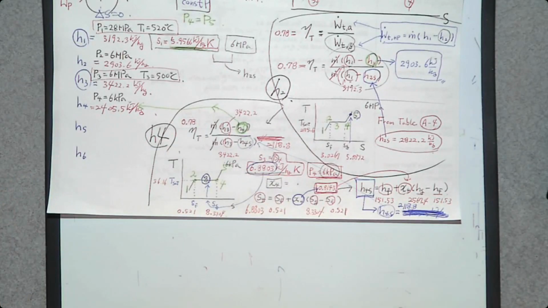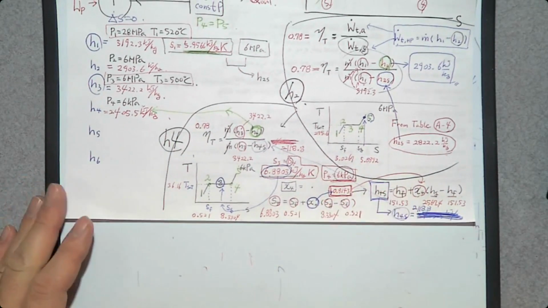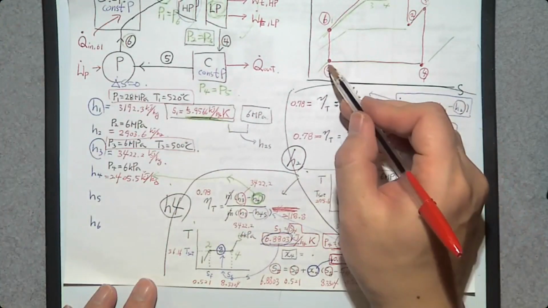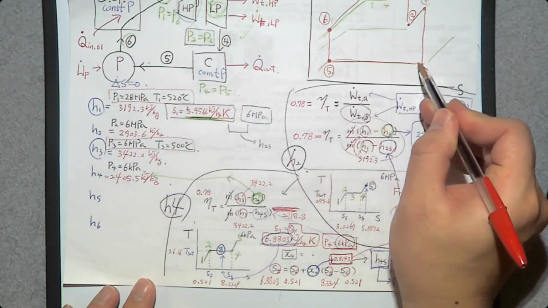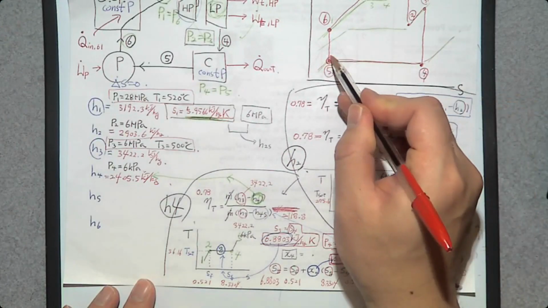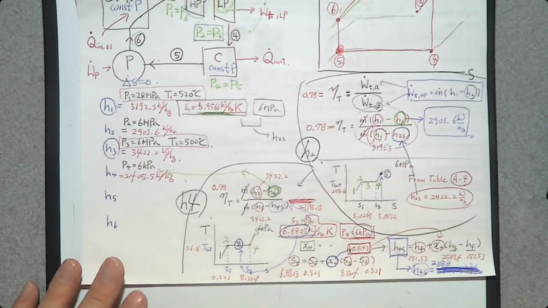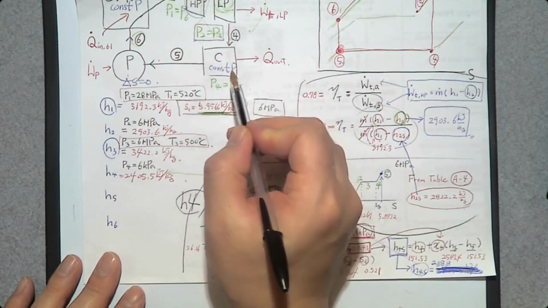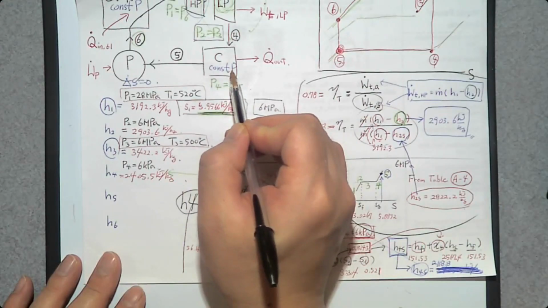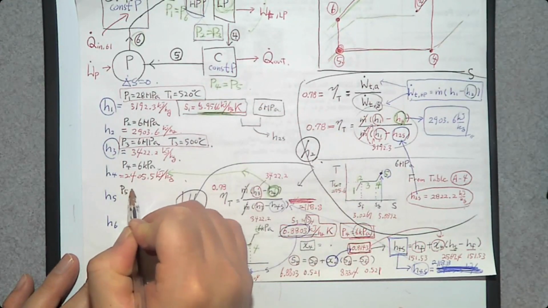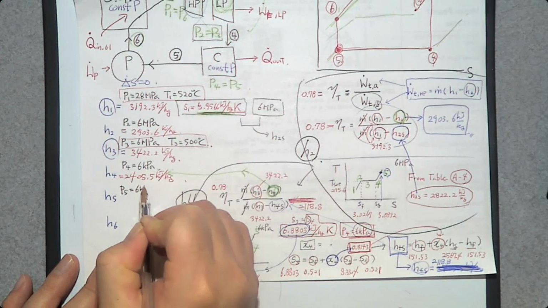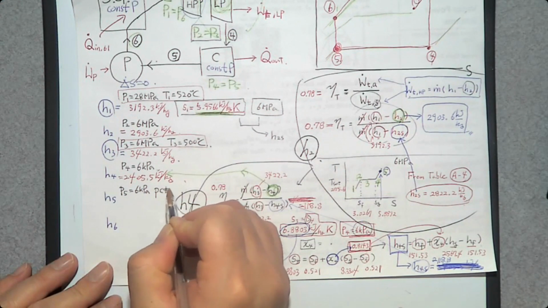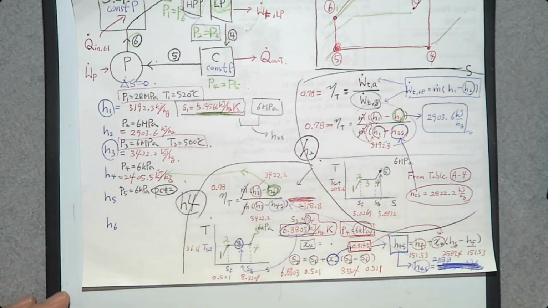Then H5. H5 on this green, it is saturated liquid. So when you have saturated liquid, at what pressure? The pressure is going to be the pressure of the condenser. So P5 is 6 kilopascal, and this is phase change process number 2, saturated liquid.